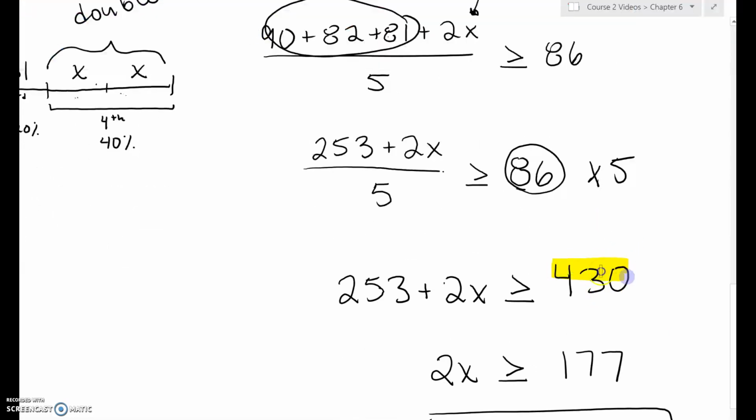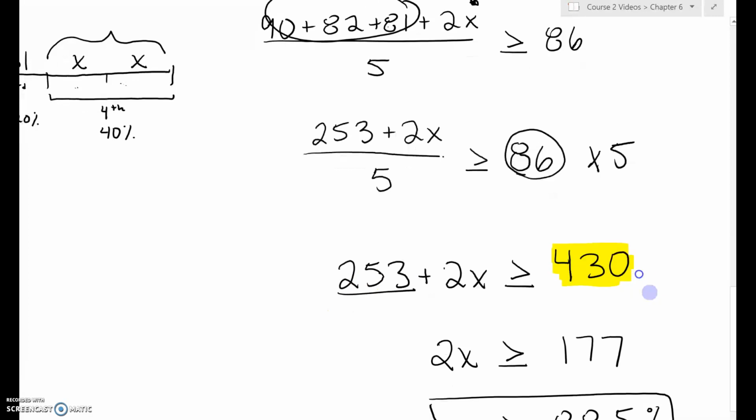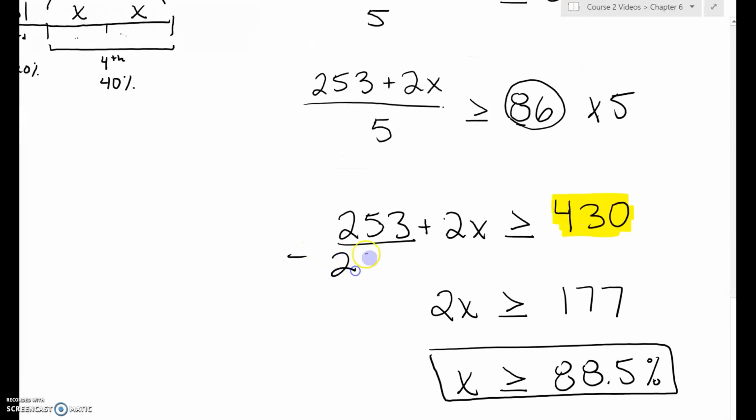This is the magic number: 430 points. That would make an average of 86, like us getting 86 on each test. We've already gotten 253 points, so I subtracted 253 and asked, what's left over?